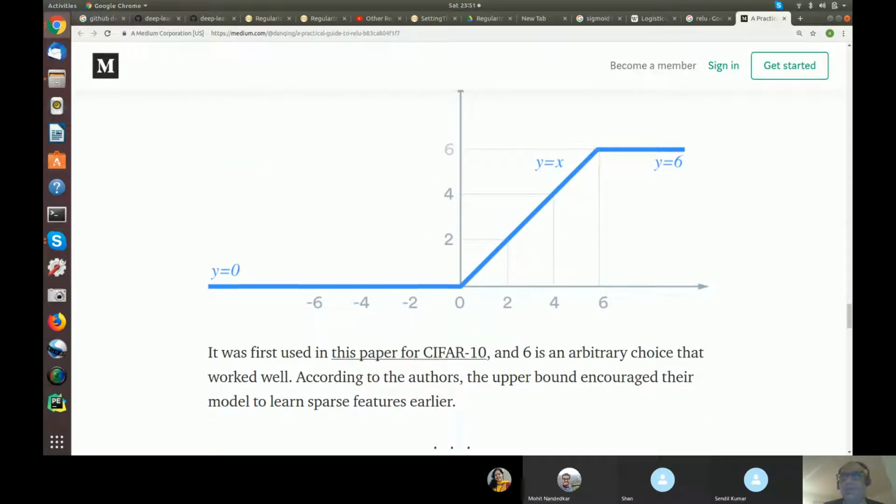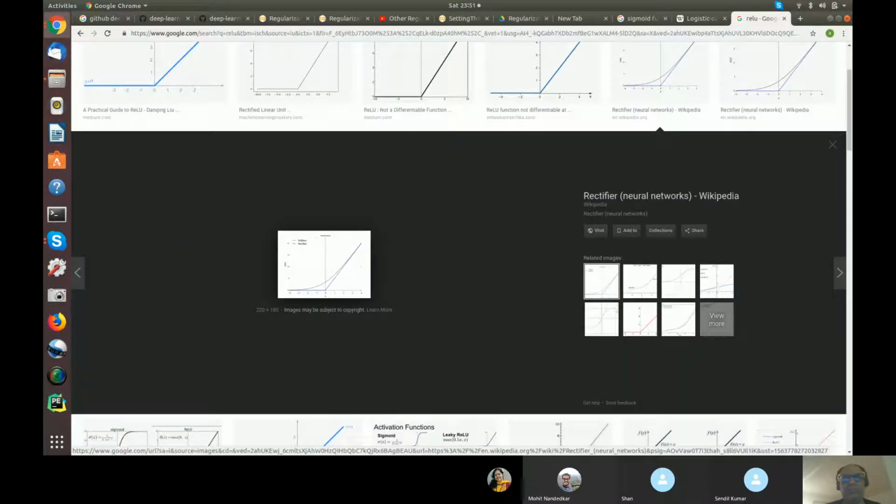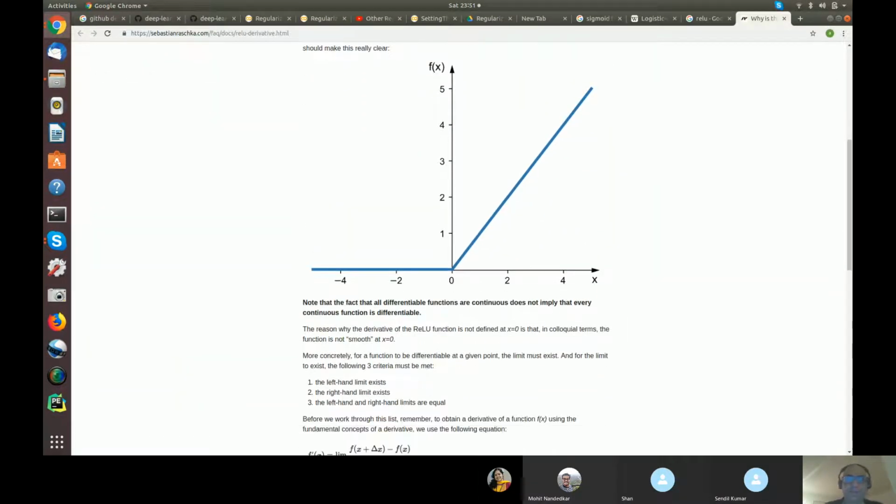We want good old-fashioned ReLU. Let's go to Wikipedia. How about this one? Okay, this is a good one. Yeah. So the regular ReLU has a straight line. Everything below 0 is pushed to 0. Everything higher than that is the same value as the input. And it's also a linear function.